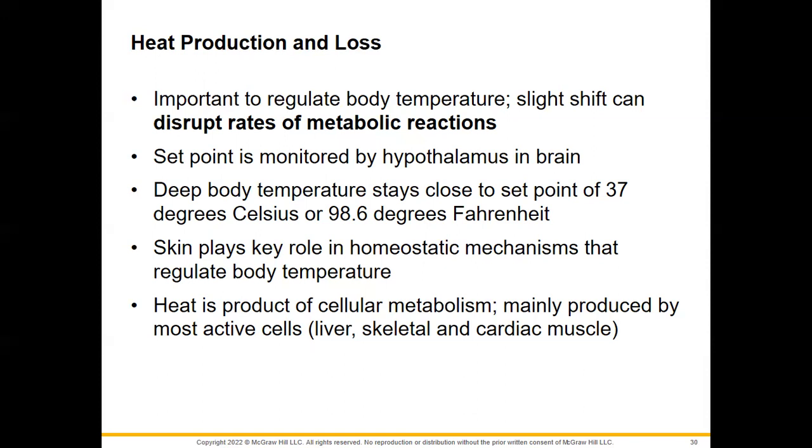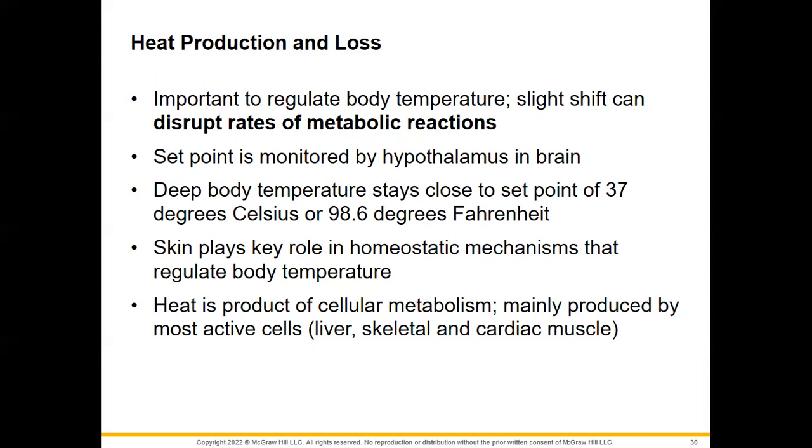And that set point is monitored by a part of the brain called the hypothalamus. So it's that narrow range of temperature set point that your body is striving toward, that if your temperature goes above or below that, that is going to trigger your body's either increased or decreased heat loss so that it can maintain that set point temperature.